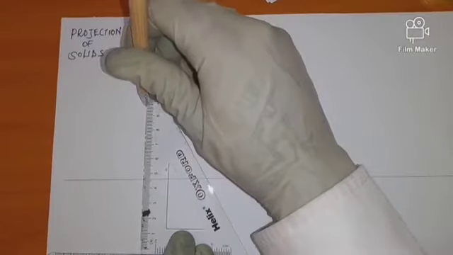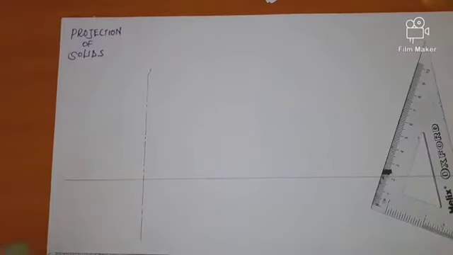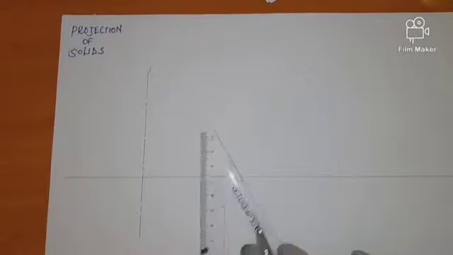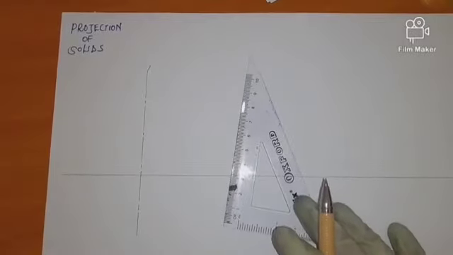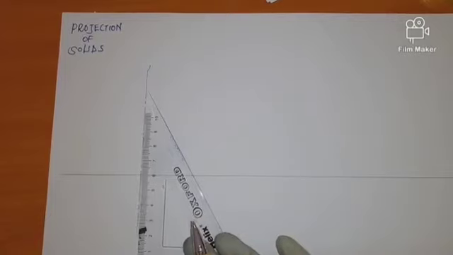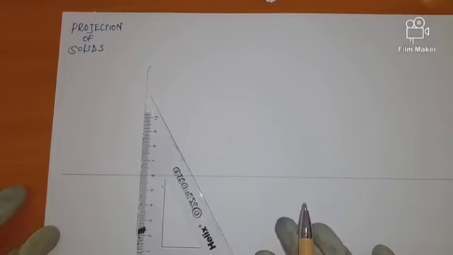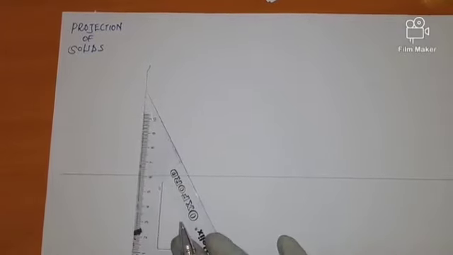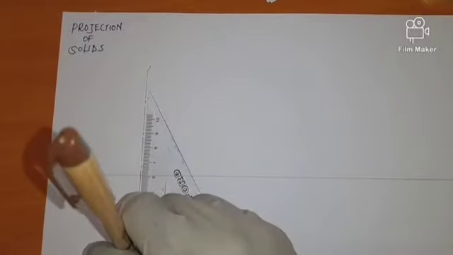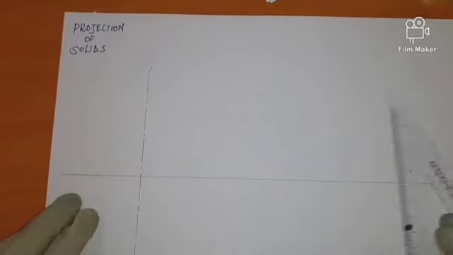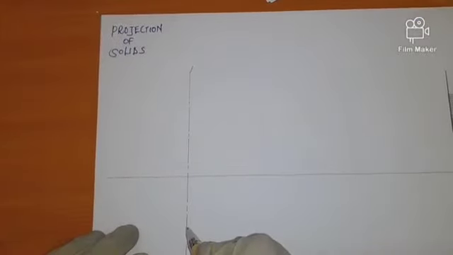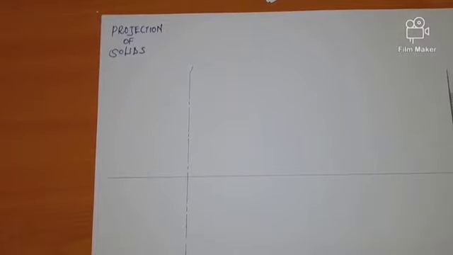This is the horizontal axis, so we are just extending the horizontal axis. Once we have the horizontal axis, let's say we are starting our circle there. For that circle, according to the question, the diameter is 50, and therefore we are going to have a radius of 25, and then we draw a circle.